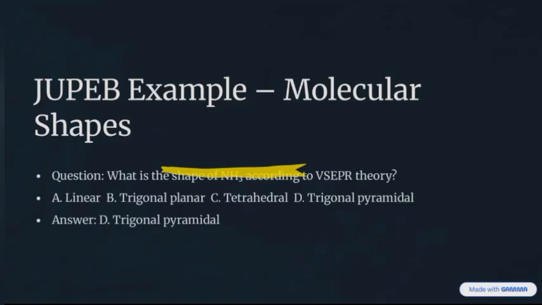So this is an example of how you see this kind of question in an exam for valence shell electron pair repulsion. They will give you a molecule, and you will need to know what the molecule looks like. This molecule has 4 atoms in total, where we have 3 hydrogen bonded to a center nitrogen.